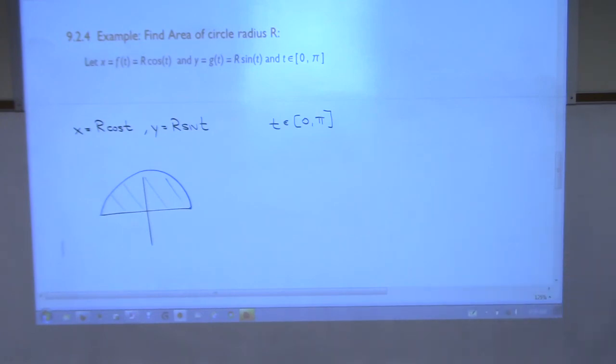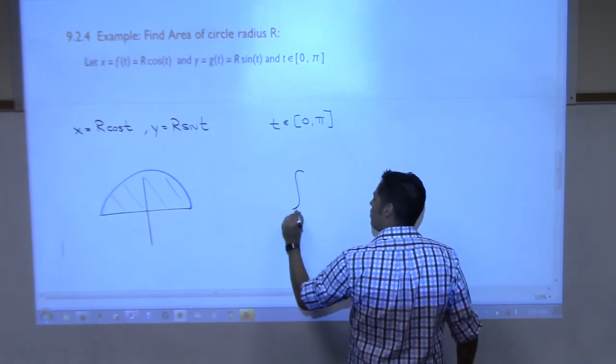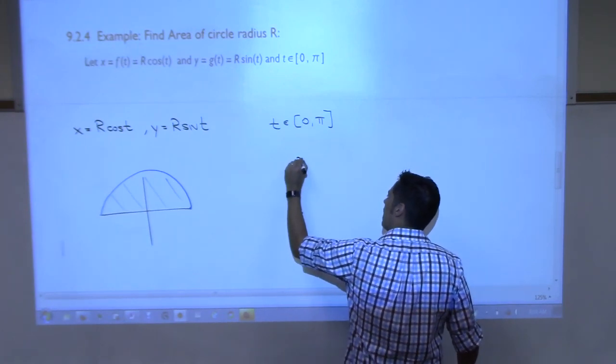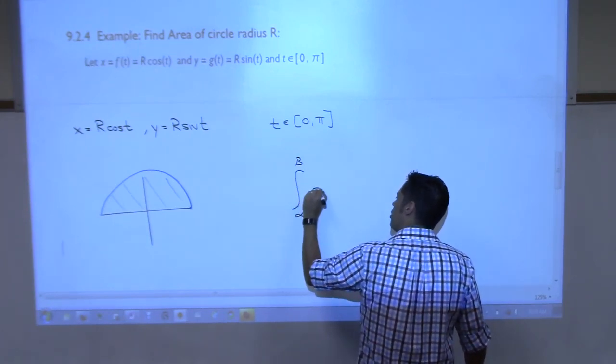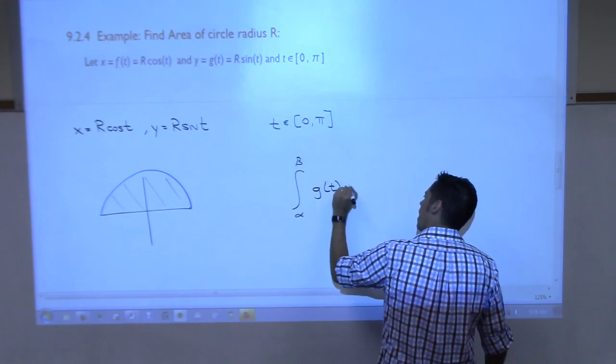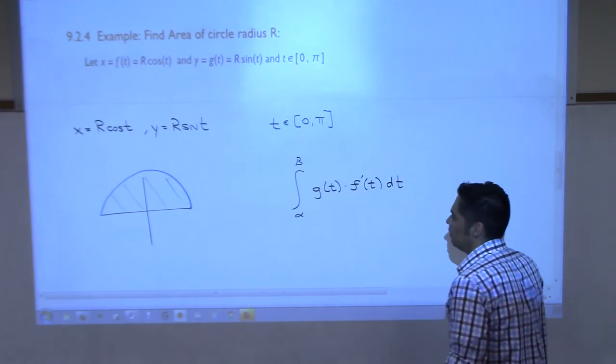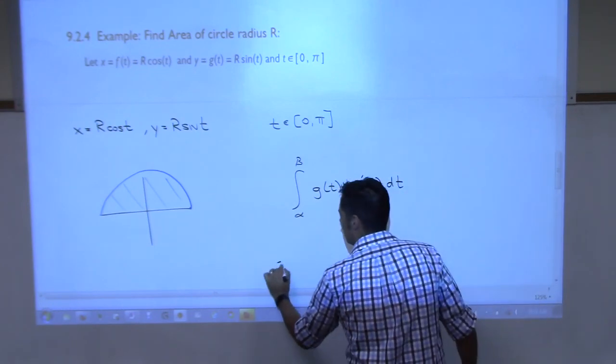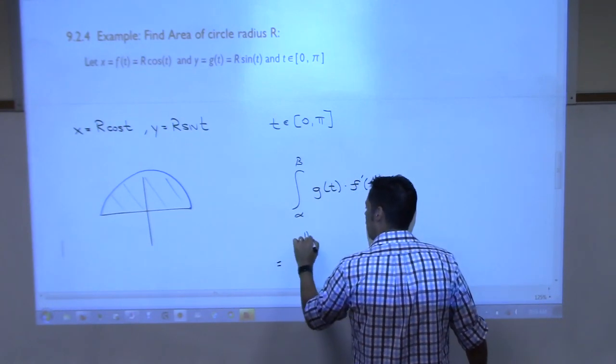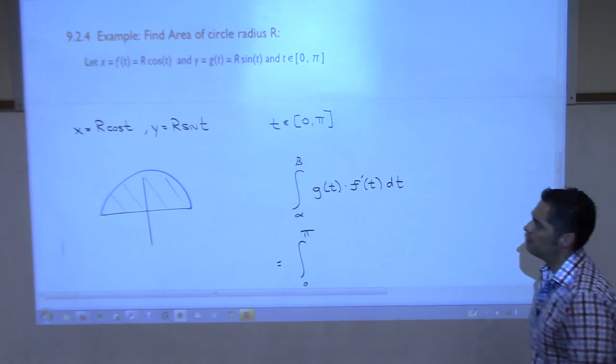Okay, the formula I need is the integral from alpha to beta of g of t times f prime of t dt. For us, this becomes the integral from 0 to pi. What's g of t?